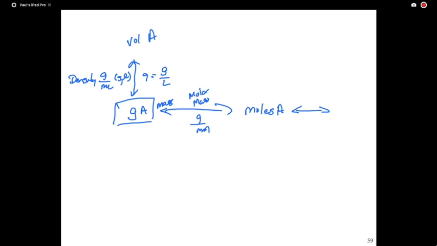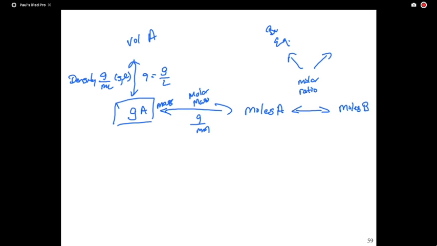We also taught you this last chapter. We can go from moles of A to moles of B. There, you need a conversion factor called the molar ratio, and I can get the molar ratio from two places. What are the two places I can get a molar ratio? A balanced equation, not just an equation.